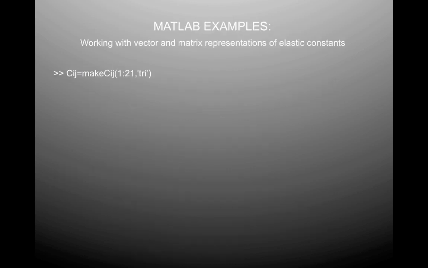Let's talk about some examples. So first, we're going to create a 6x6 array using makeCij. The arguments are the set of elastic constants in a vector and the symmetry that you wish to use as a string variable second. So 'tri' with quotations around it is a string for triclinic. 1:21 is a vector of elements 1, 2, 3, 4, and so forth up to 21.